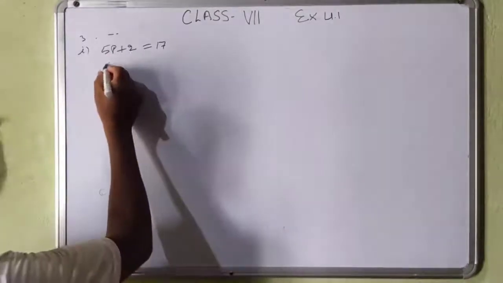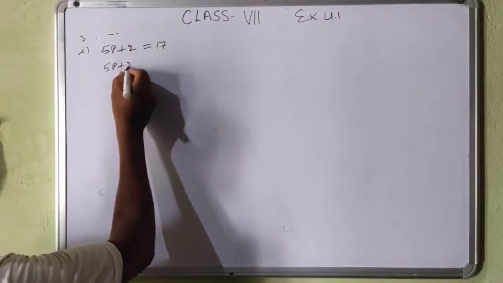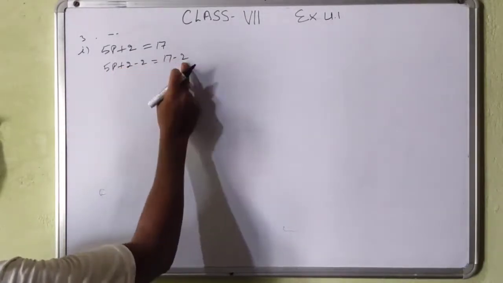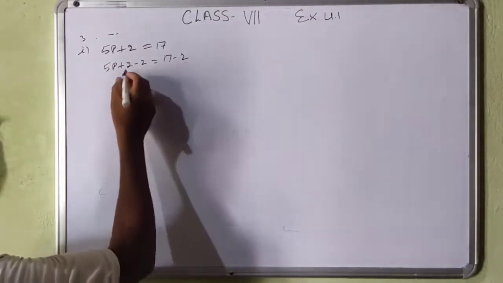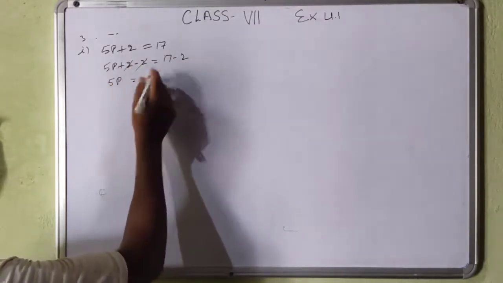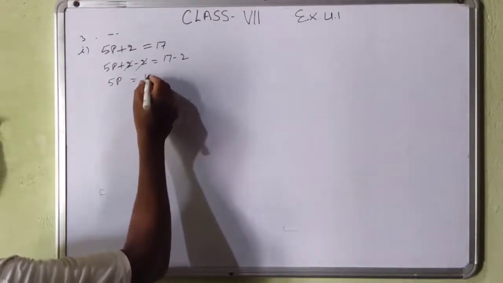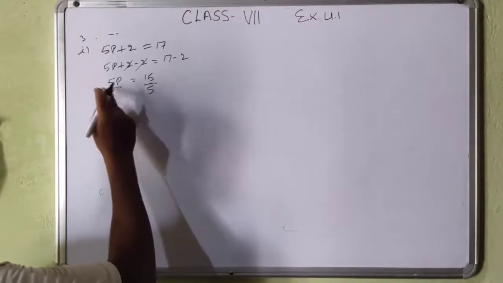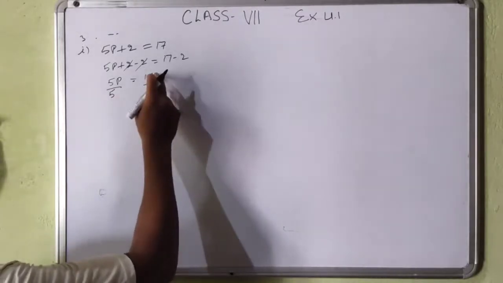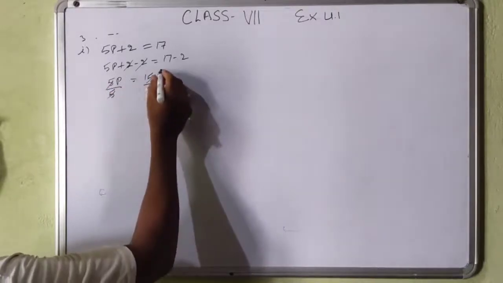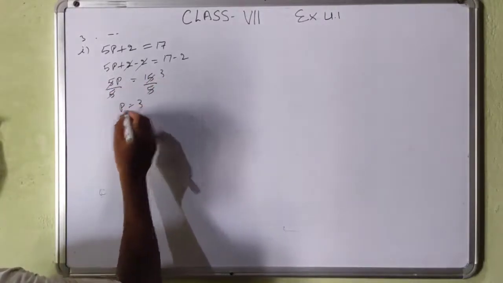So 5p plus 2 minus 2 is equal to 17 minus 2. The 2s cancel, so 5p is equal to 15. Both sides we divide by 5, 5 cancelled by 5, and 15 divided by 5 is 3. So p is equal to 3.